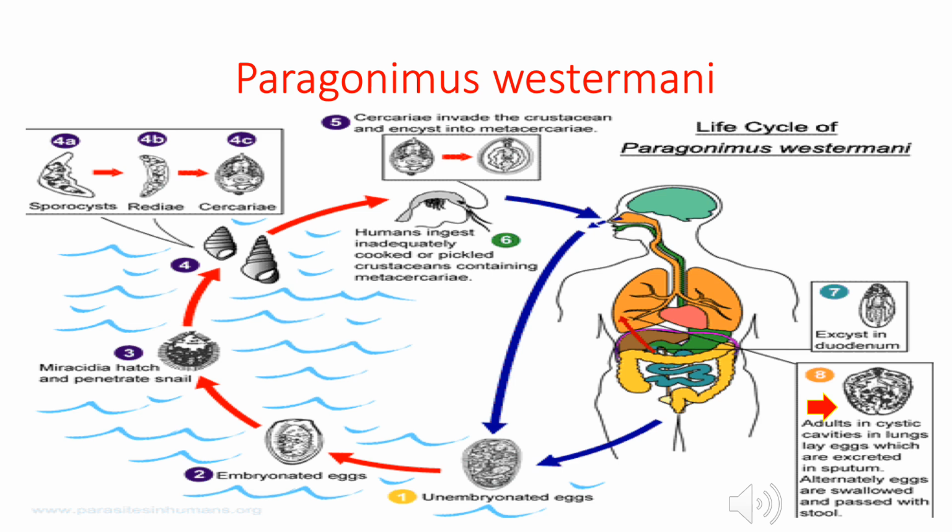So this egg has to stay first in water for quite some time before it will be able to release the ciliated stage, which is the miracidium. This miracidium will infect the first intermediate host, which is all the time a snail.